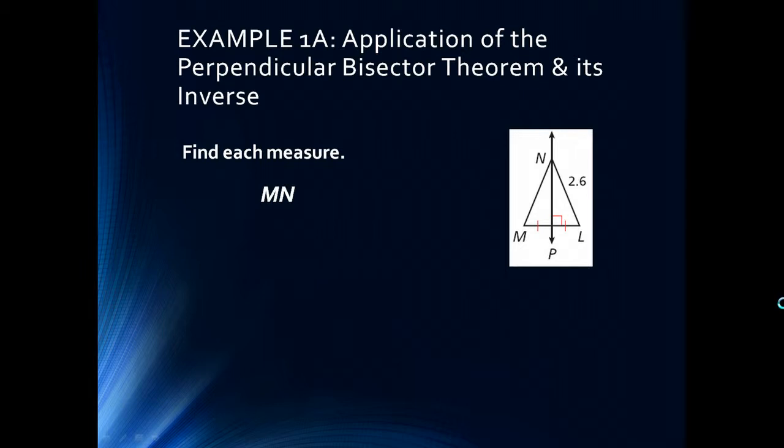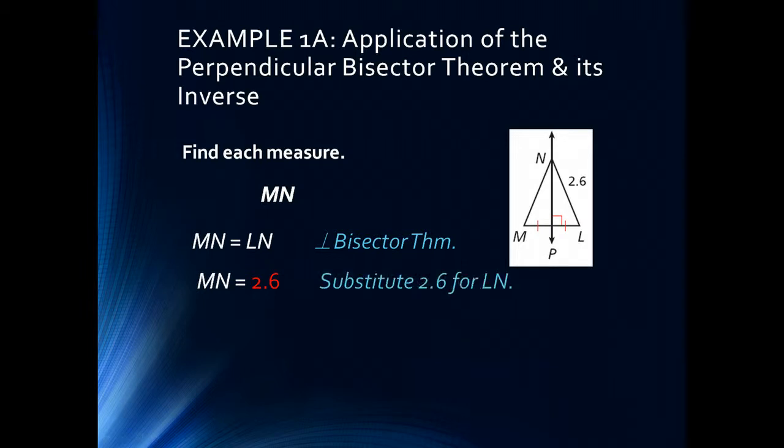Since we know that those two segments are the same and we have a perpendicular bisector, then that means that MN must be equal to LN. This is by the perpendicular bisector theorem. And then if we just substitute in 2.6 for LN, we have our answer. MN equals 2.6.